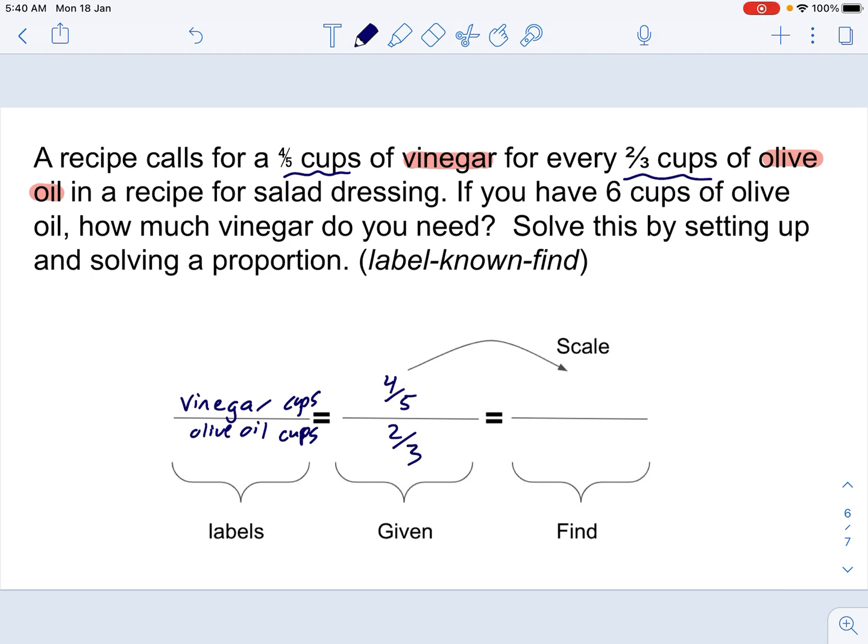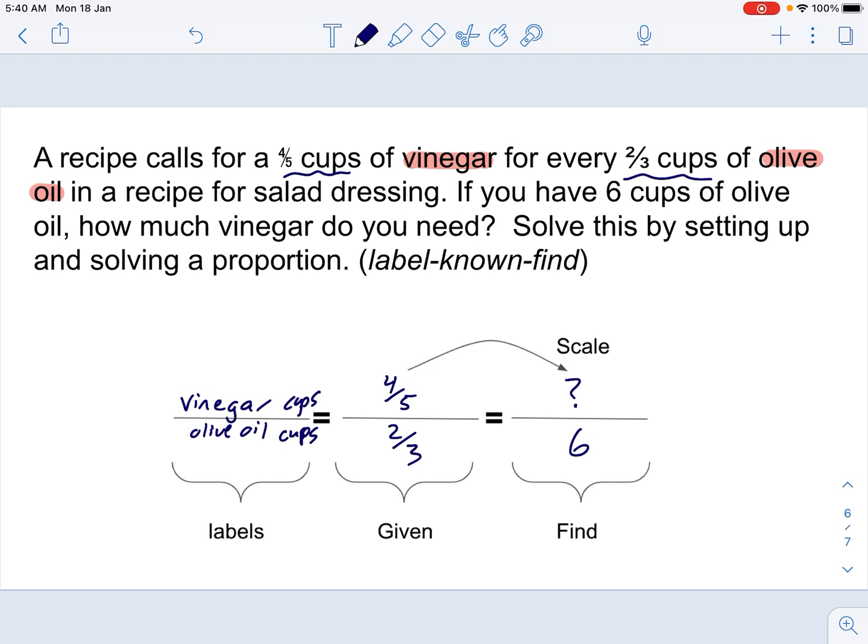And now, if I'm going to scale this ratio up, it says I've got 6 cups of olive oil. So if I want to keep that same ratio, imagine you're making the recipe, I want to keep the same taste. I'm trying to figure out how much vinegar I am going to need.